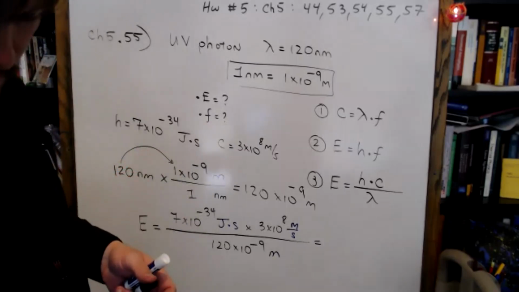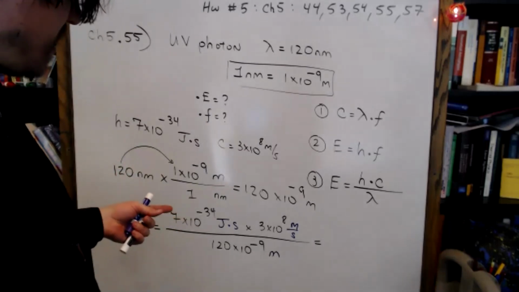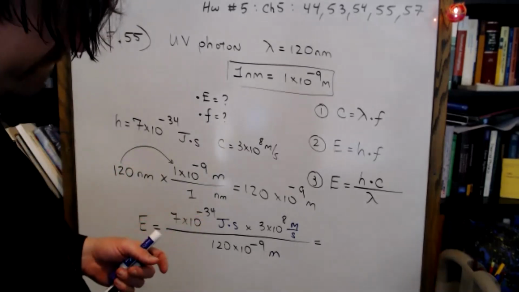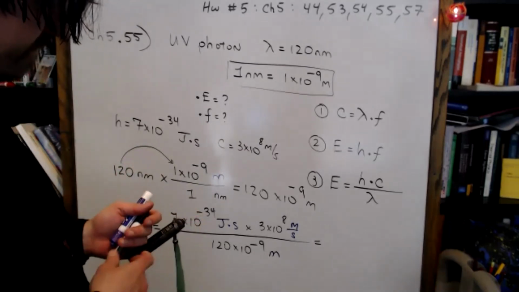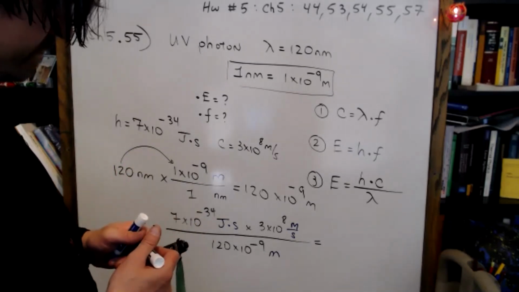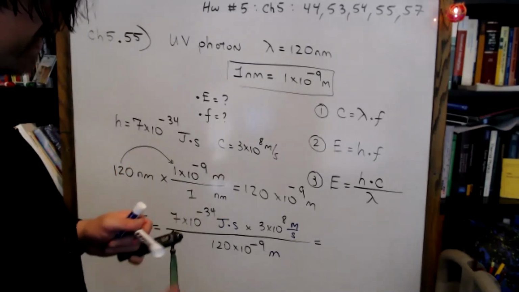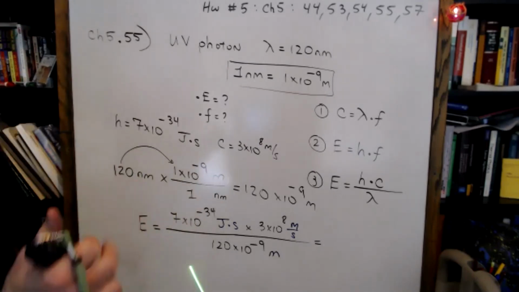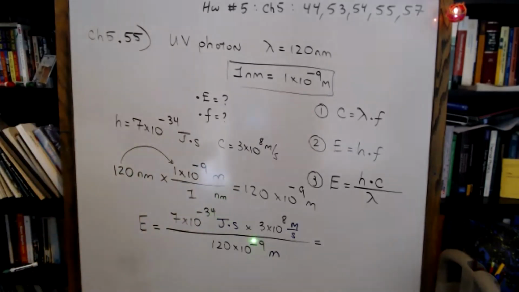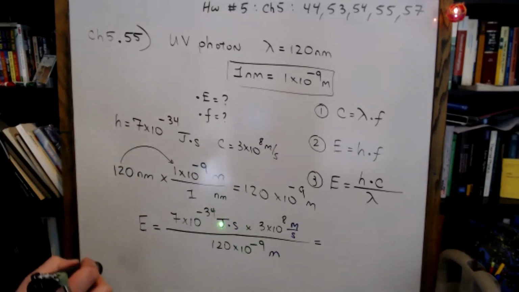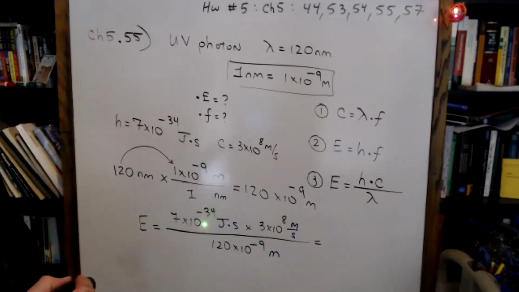Is it 1.75 times 10 to the negative 18? Something went wrong there. Can you punch that again? The power is wrong, I can tell you that. Negative 34 plus 9 is negative 25.